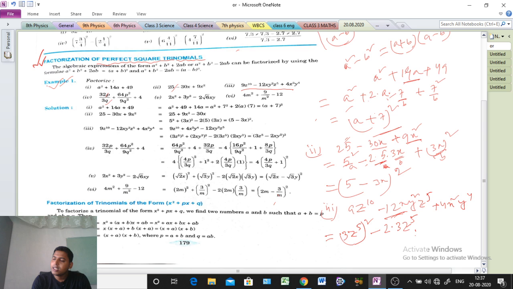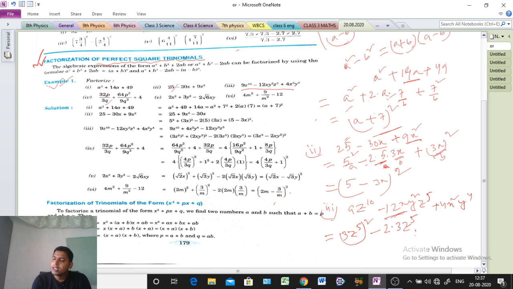So 64 p square means 8p by 3q whole square. That is A square. Clear? 8 square means 64, so that's why 8 in bracket. Next p square, next here denominator 3q means 9q square.